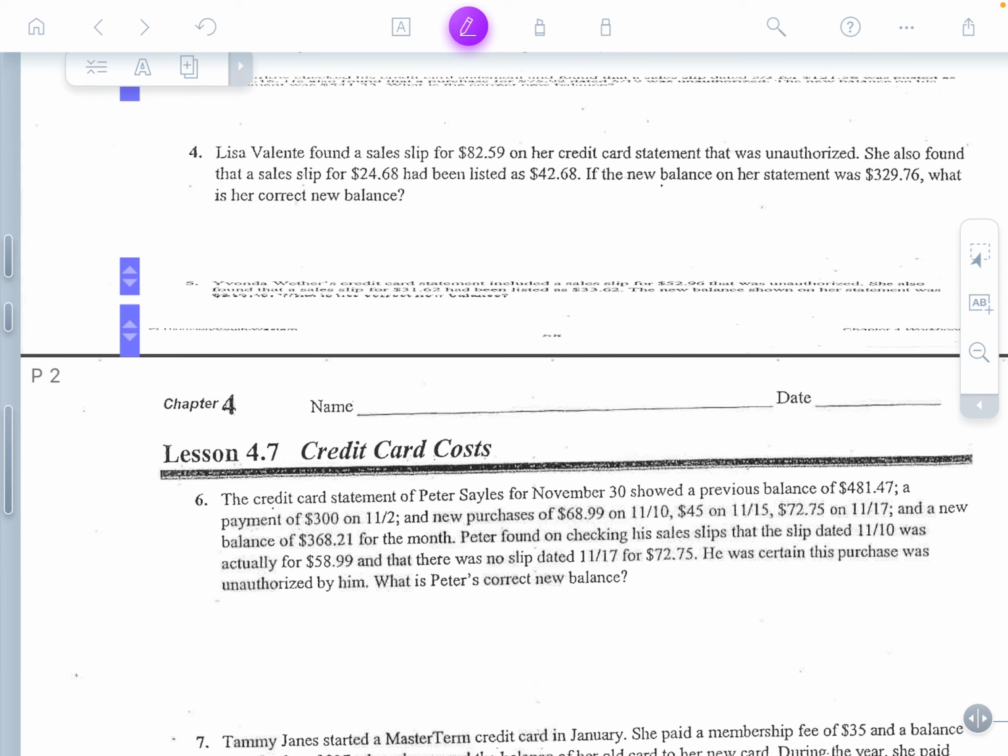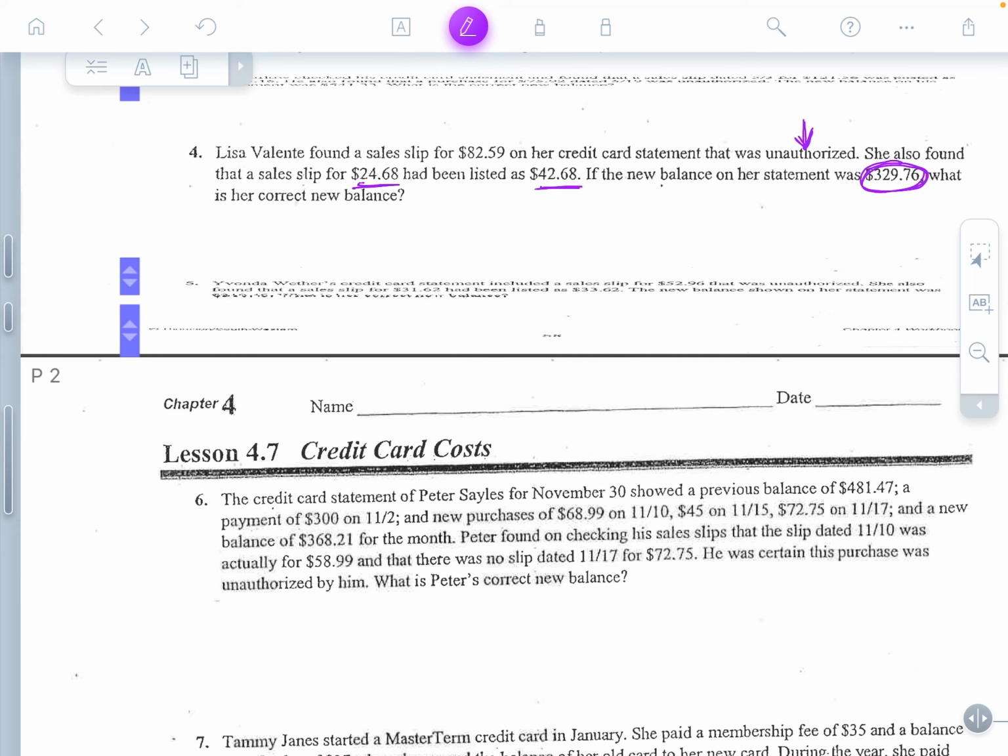So really what's happening here is that we need to use the numbers that were given to us to figure out how much she actually owes, which is going to be less, because an unauthorized transaction means that she won't have to pay that amount. And if something was listed incorrectly, then she also won't have to pay the difference.